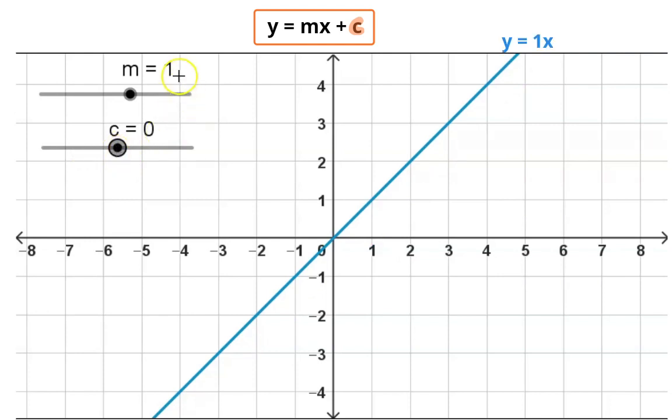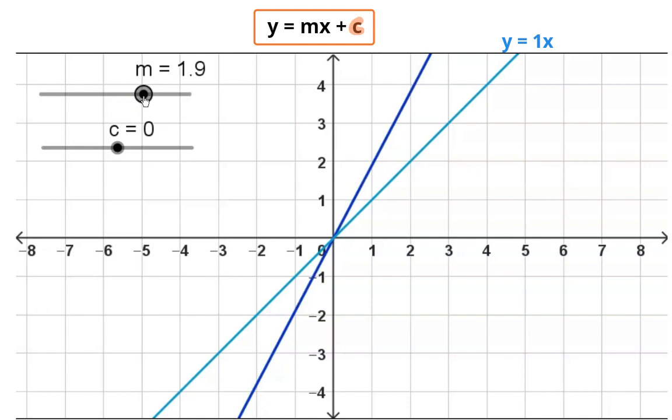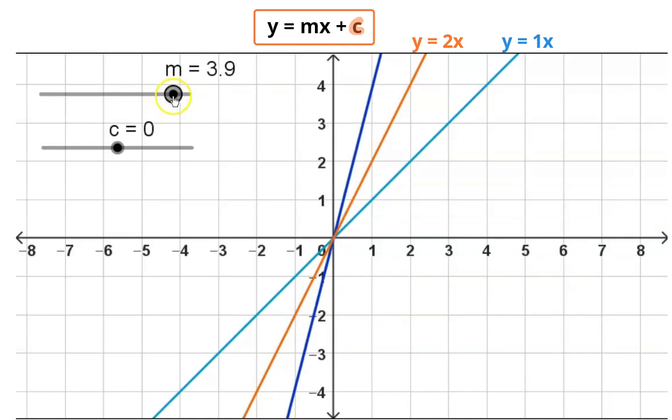At the moment, the gradient is 1, and we already know that that means vertically 1 up, horizontally 1 to the right. If we increase this m value, the steepness of the line also increases. For example, now we have y is equal to 2x, and even bigger, we have y is equal to 4x.